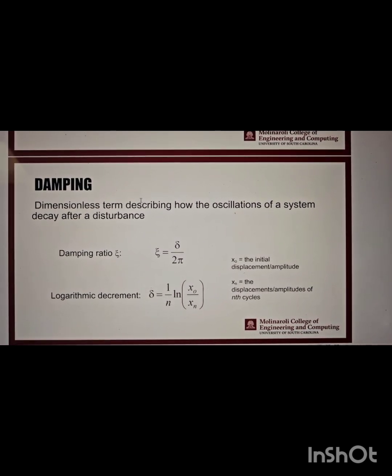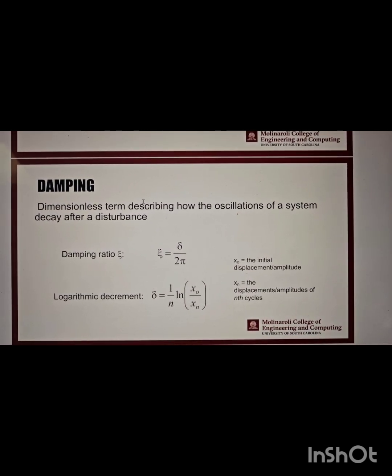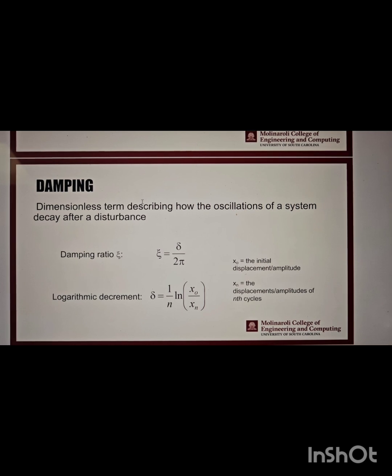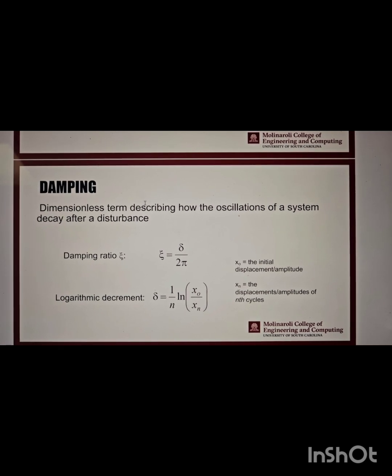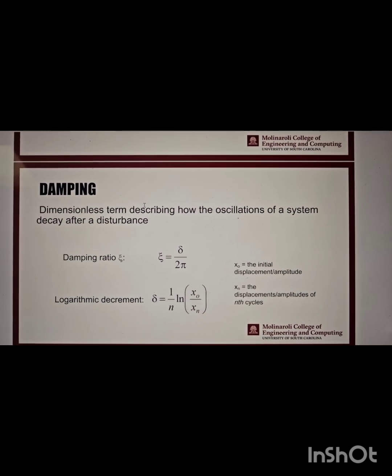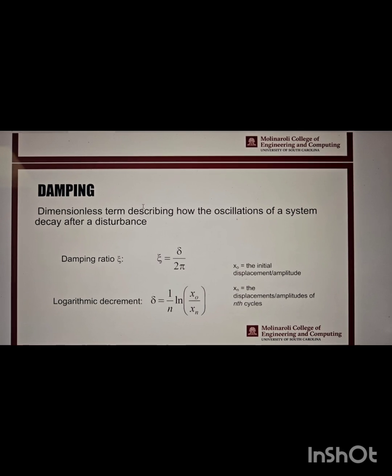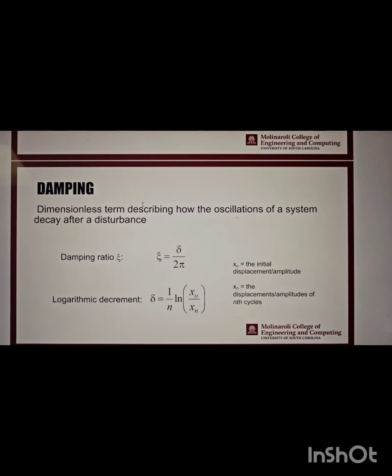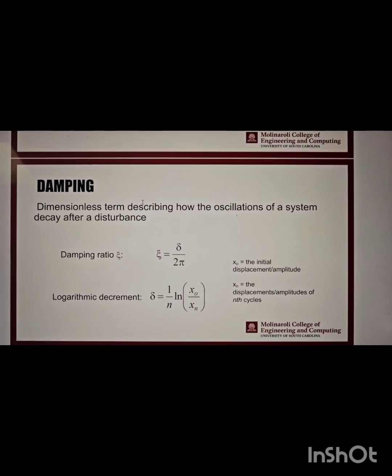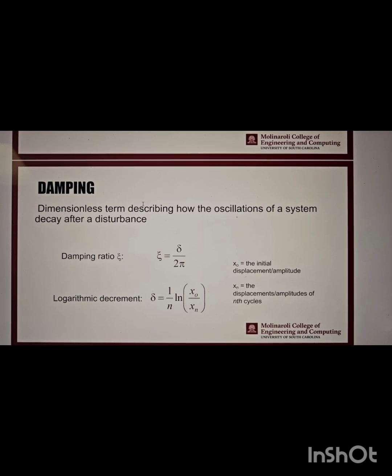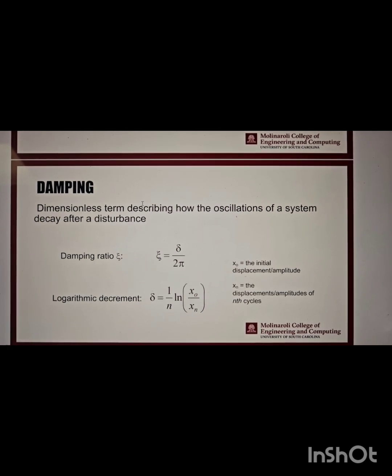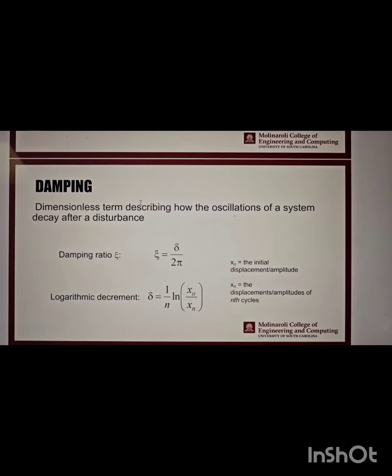The first sample of that chunk we will consider as the initial displacement, and the last one as the nth cycle's displacement or amplitude. From that we will use this equation for calculating the logarithmic decrement, and after that we can calculate the damping ratio.